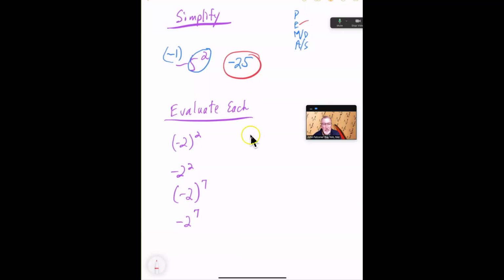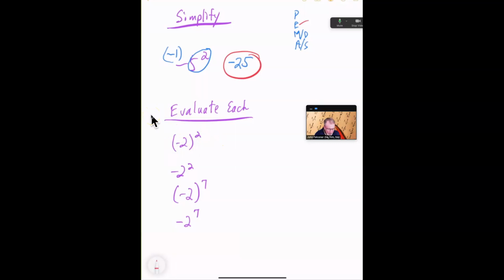And then let's take a look at the other 4. Here we have (-2) squared. Now this -2 is in parentheses, which means it is protected. Parentheses are first, whatever is isolated in parentheses, we've got to look at that first. So this whole expression, -2 in parentheses, is being squared.